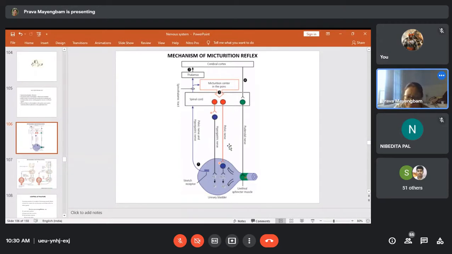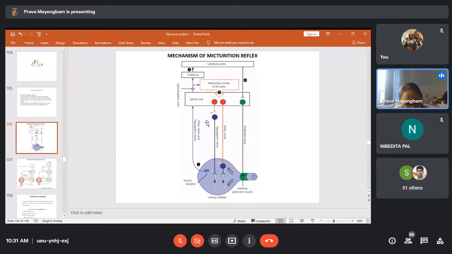But when the bladder is full enough, there will be more contraction of the detrusor muscle, and by this time the cerebral cortex will also give a signal through the somatic nerve, the pudendal nerve, and this nerve will be inhibited.